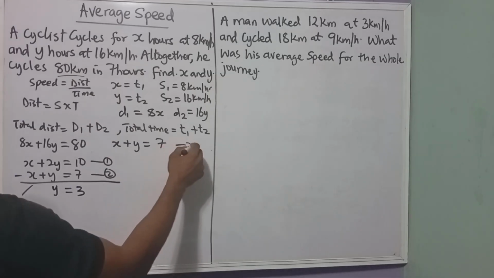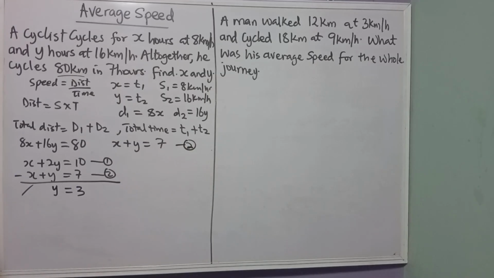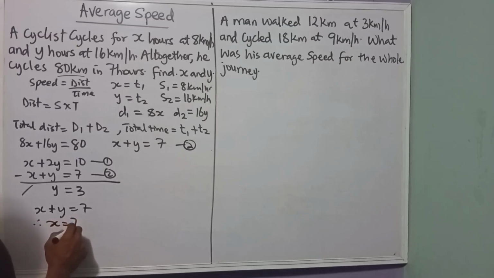Now from equation 2, if Y equals 3, X plus Y equals 7, therefore X equals 7 minus Y, so X equals 7 minus 3, which gives us 4.